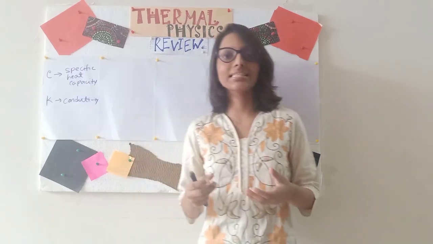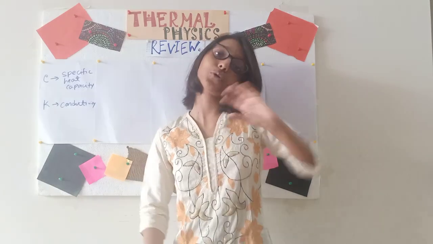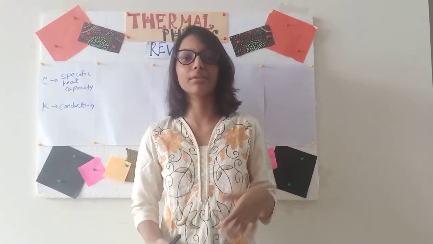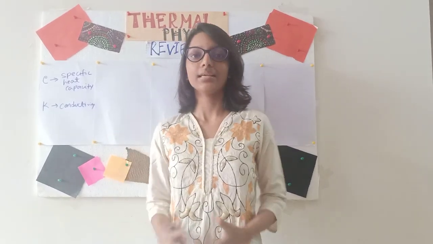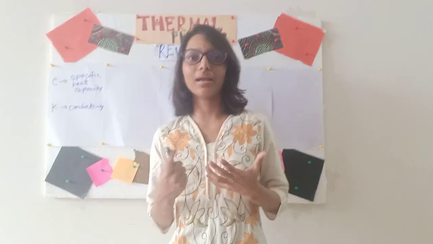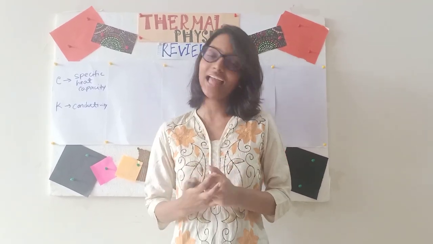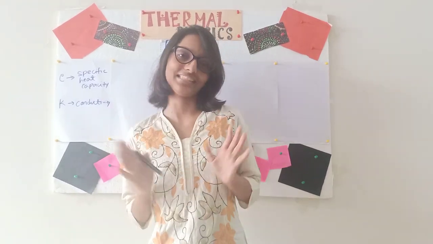So ice has less specific heat capacity than water, but it has more conductivity than water, which is pretty obvious because solids will of course have more conductivity. But you see, we just knew these things, but I couldn't even imagine that these small little things are just so connected and seem so interesting. My goodness, I never realized it. I never predicted it.